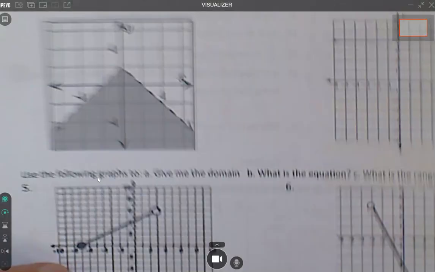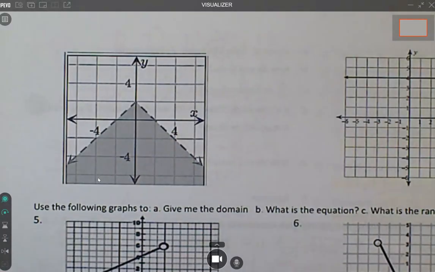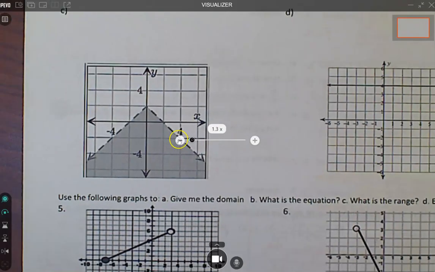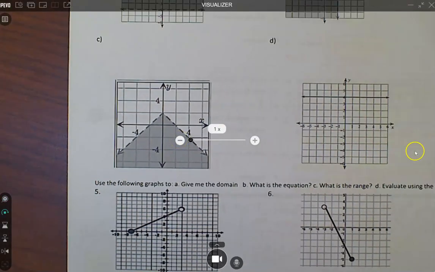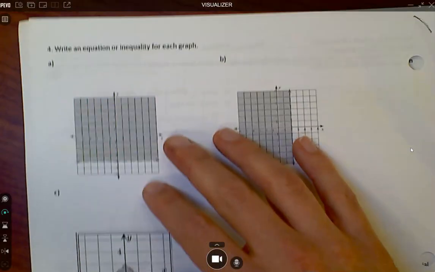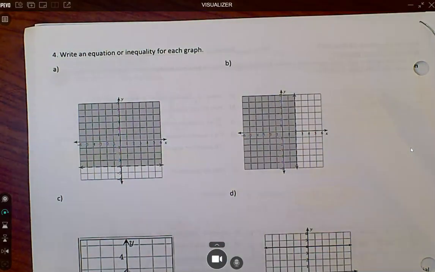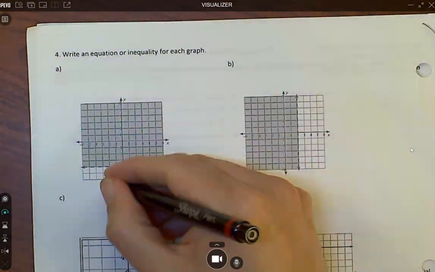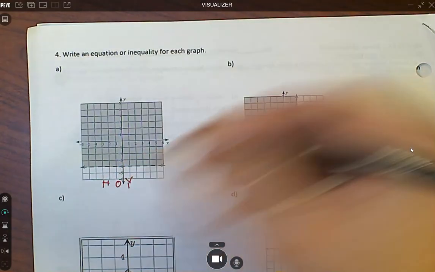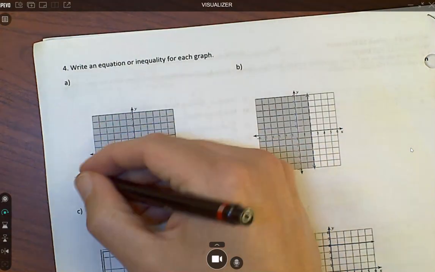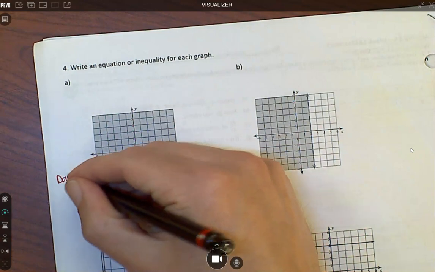Okay, let me zoom. And this is dash above.